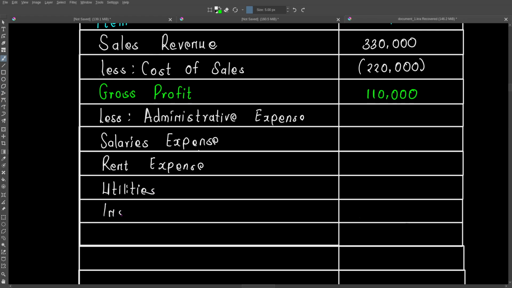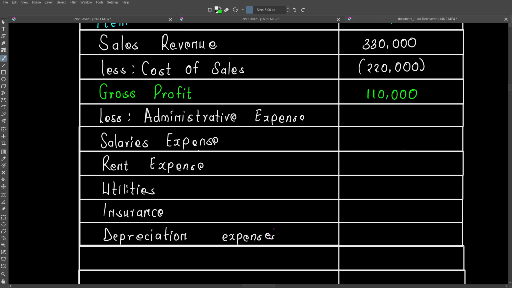We also have depreciation. Remember, depreciation expense, you make sure you include it: the depreciation that you have expensed during that year, you make sure you include it in your P&L, okay? So these are the expenses we have, okay?